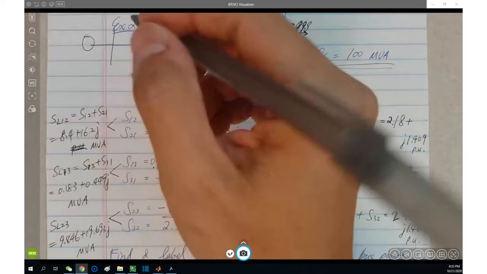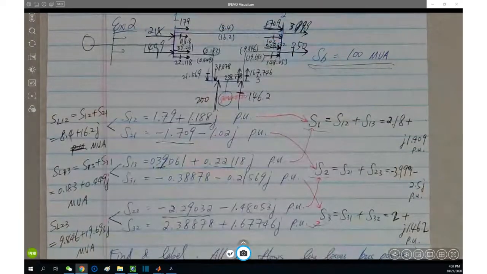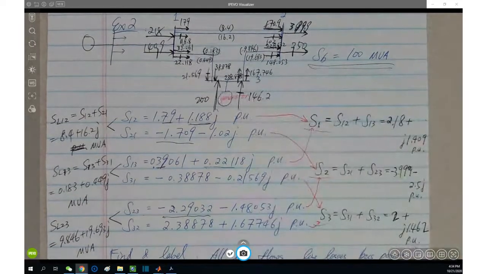Here is another pair of line flows providing power to it. So at any bus, you can see the left and the right-hand side of it is power conservation, right?